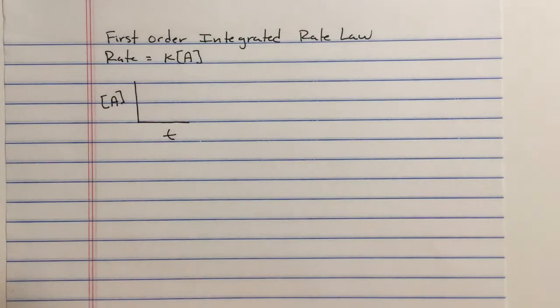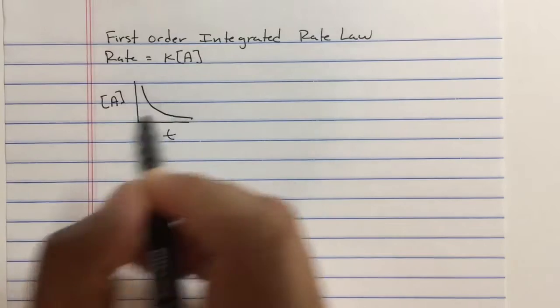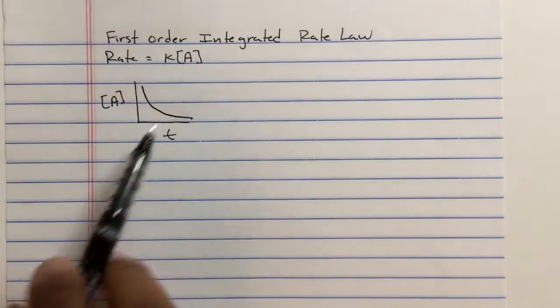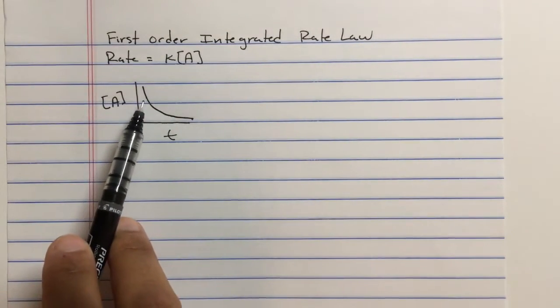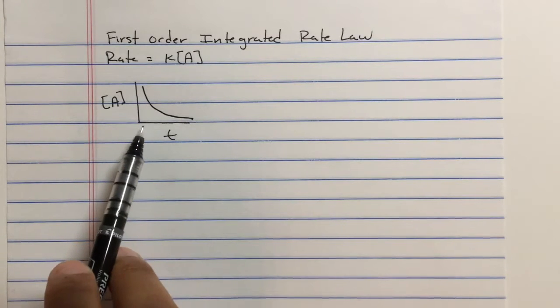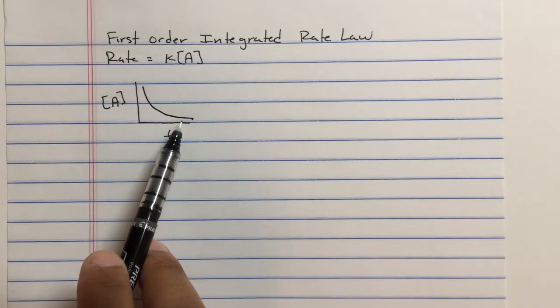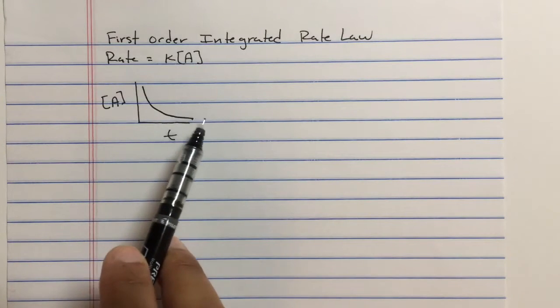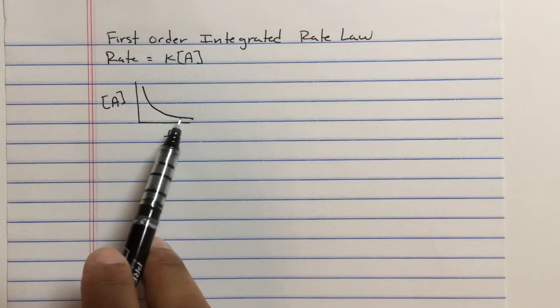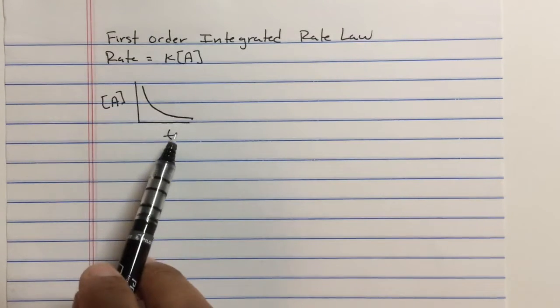And that's true for zero order, but usually there's a curve there. Usually there's a lot of action going on at the beginning. Usually there's a big change in concentration versus unit time at the beginning. And then the change in concentration flattens out, right? There's not a whole lot of change versus time as time goes forward. So usually you get this curve.